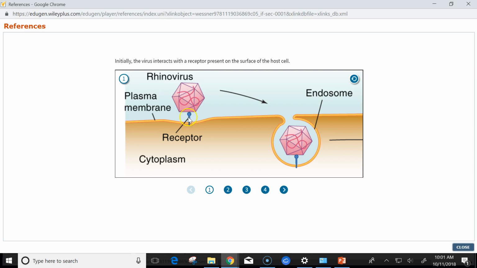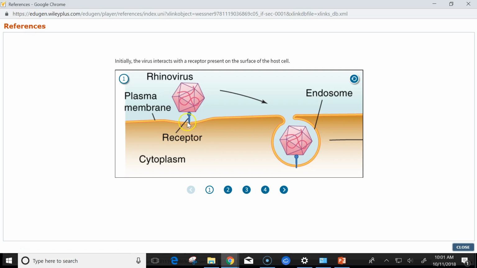When that happens for this particular interaction, it actually causes the host cell to use its membrane to surround that virus into what's called an endosome. And our cells do this, right? They'll take stuff in, like they'll surround their membrane around it.